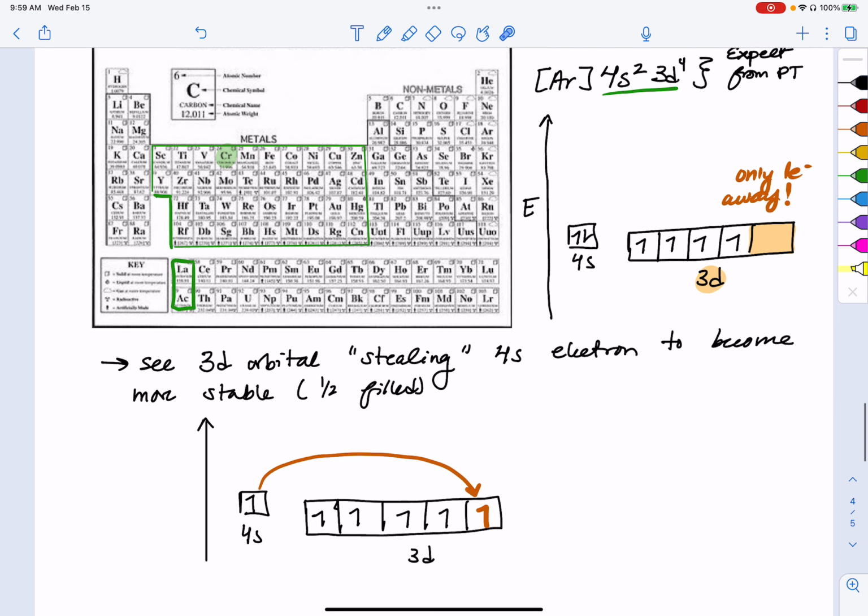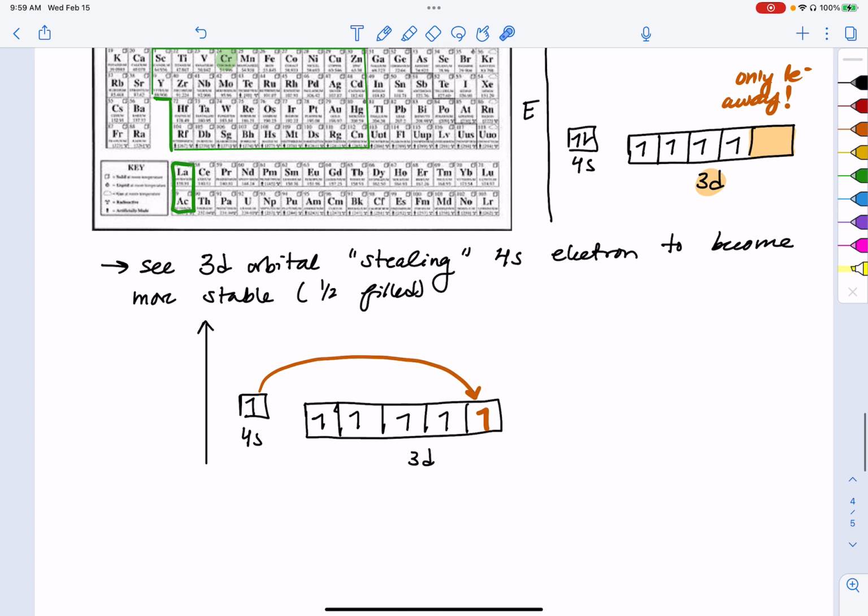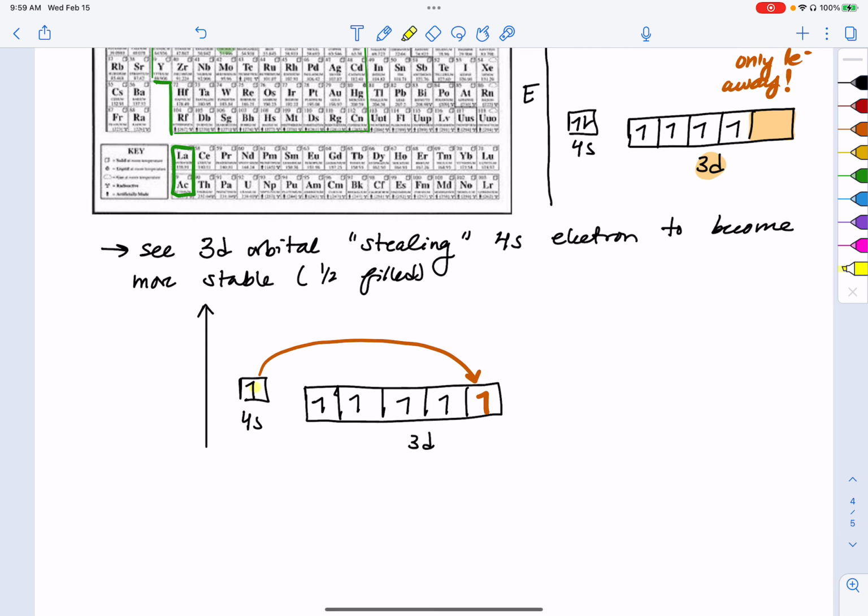So in cases like chromium, where we are only one electron away from being completely, or I should say half full, then we're going to take an electron from the prior filled s, because now when we do that, notice the 4s is half full, which is a stable orbital configuration.